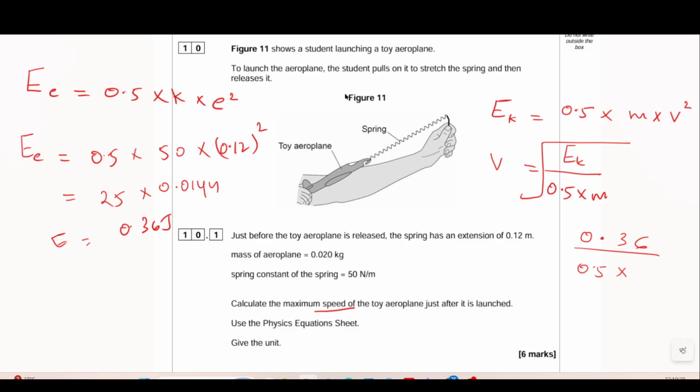The same energy is transformed into kinetic. So we'll use the same value. So 0.36 divided by 0.5 times 0.020.